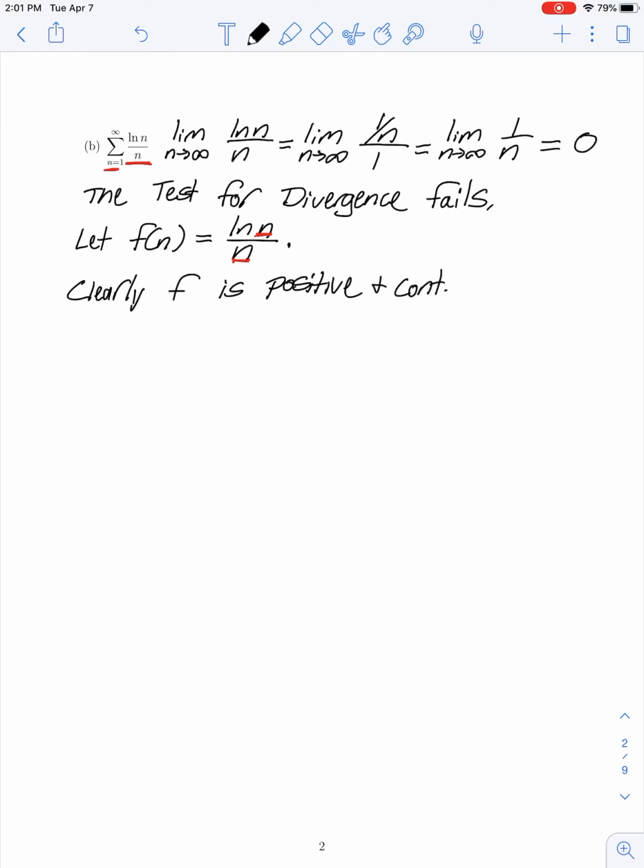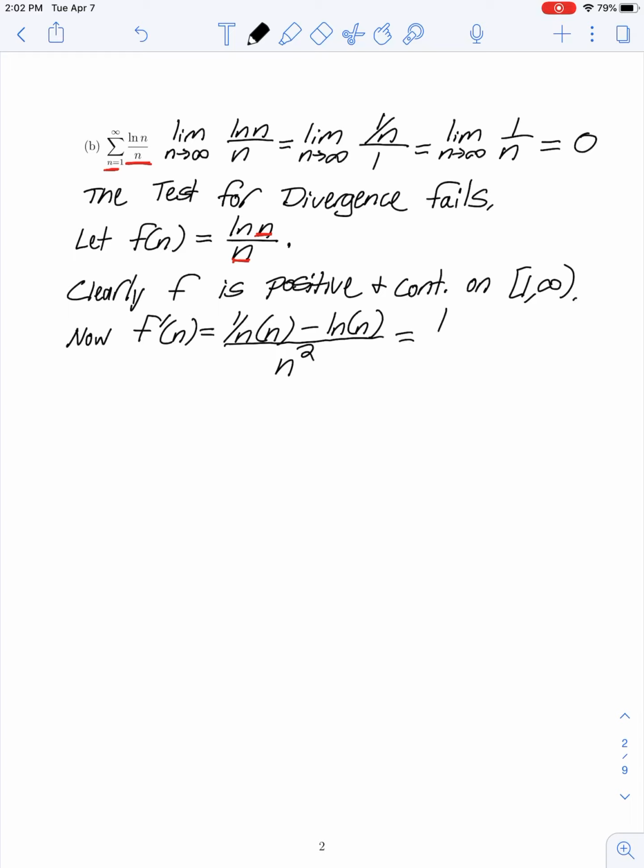So to show that this is decreasing, let's look at the derivative of our function. Here, using the quotient rule, the derivative of our numerator would be 1 over n times the denominator, n, minus the numerator, which is natural log of n, times the derivative of our denominator, which is 1. And then the whole thing is divided by our denominator squared.